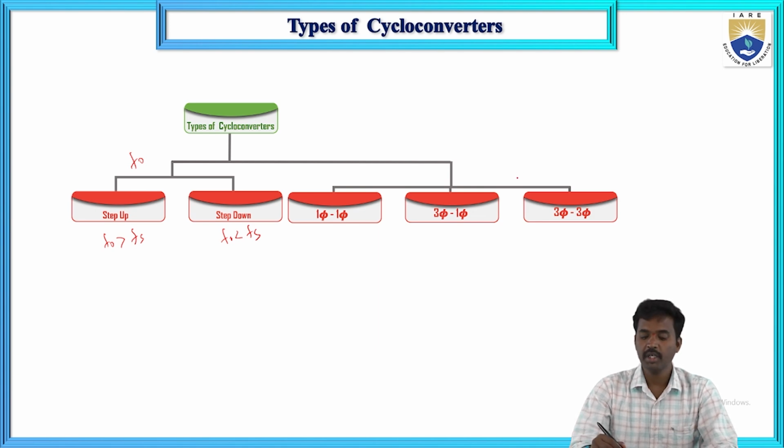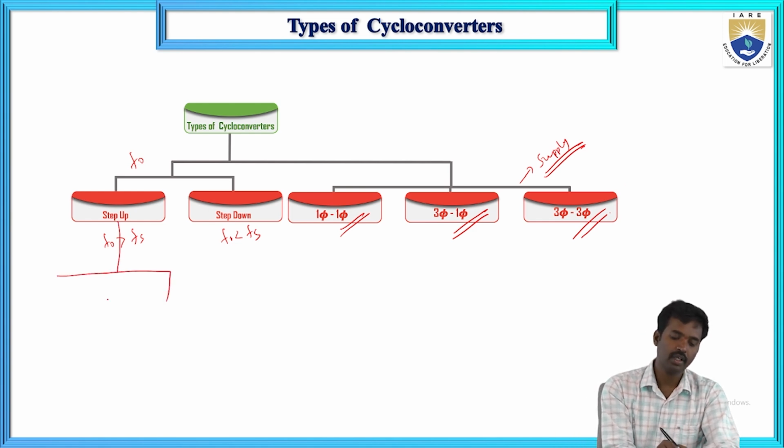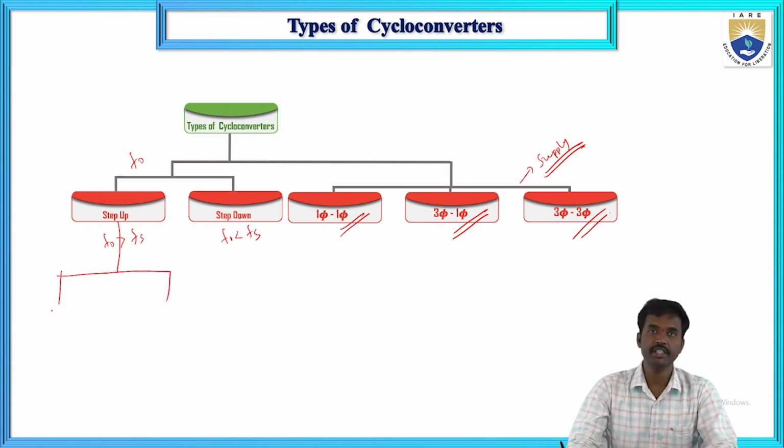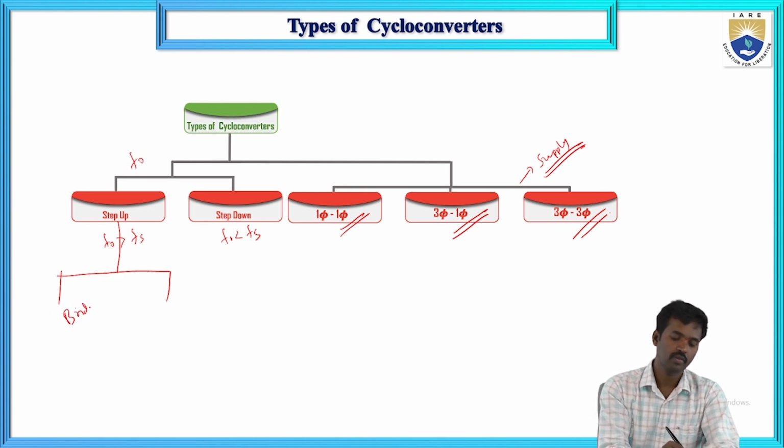And next, depending upon the input supply and output supply, there are single phase to single phase cycloconverter, three phase to single phase cycloconverter, and three phase to three phase cycloconverter. In the step up there are two types: one is bridge type and the second one is midpoint.